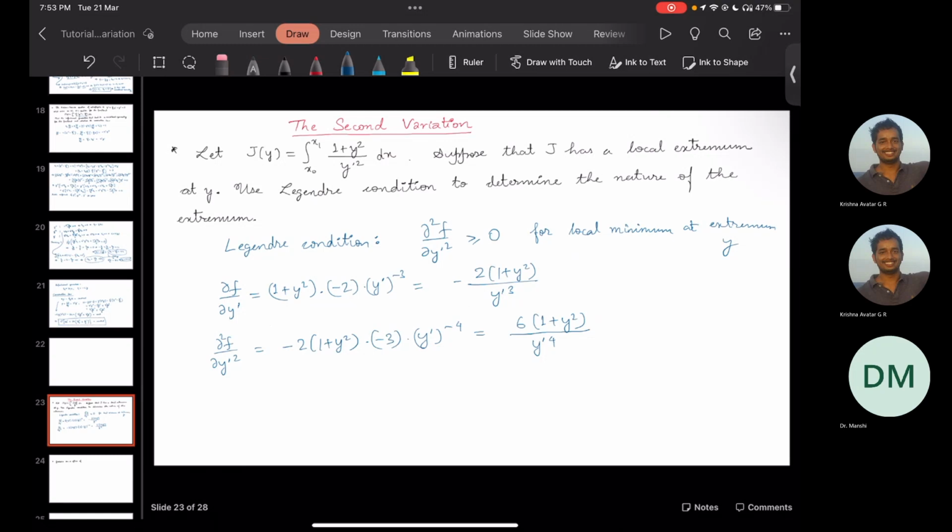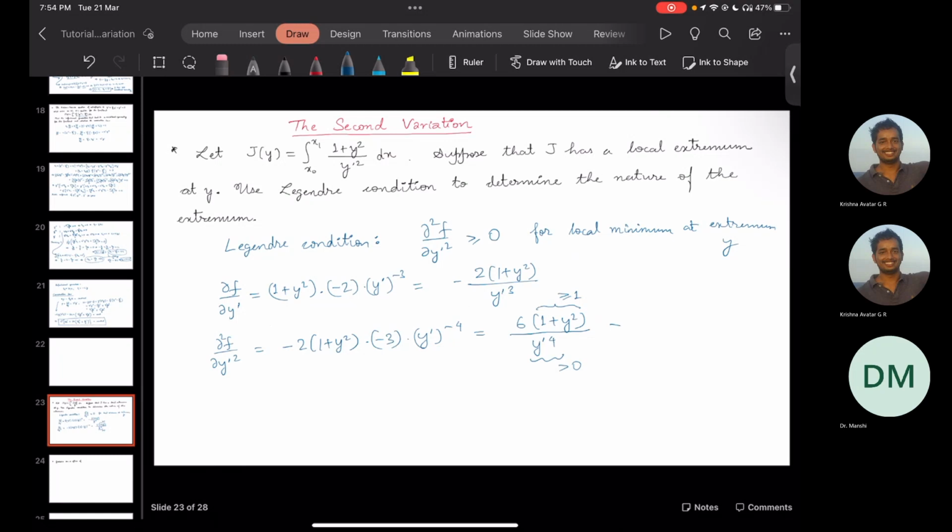Now let's evaluate. What we see is 1 + y² is always going to be greater than or equal to 1. It's equal to 1 only when y is 0 throughout. Similarly, the denominator is going to be greater than or equal to 0, and assuming that y' is never 0 at any point, this is always greater than 0.